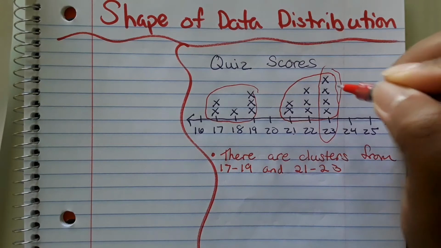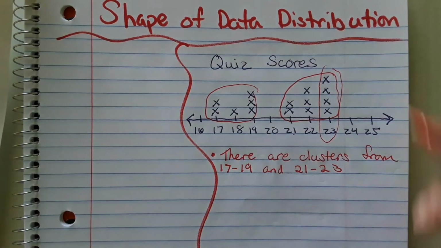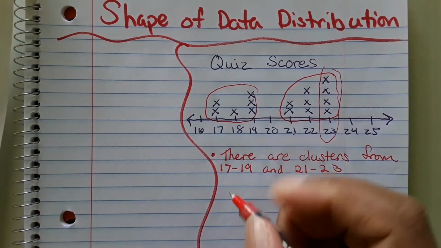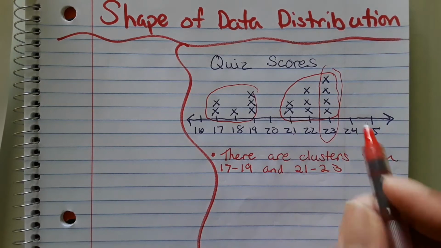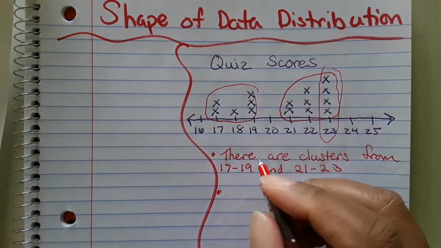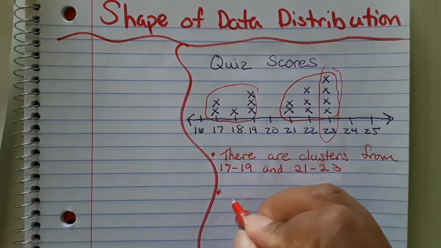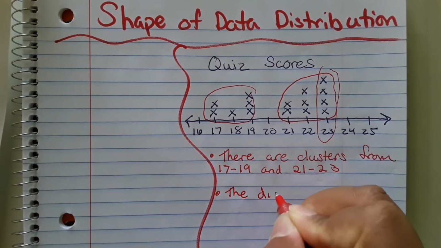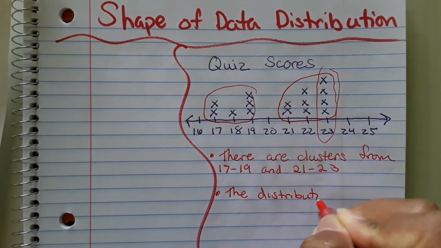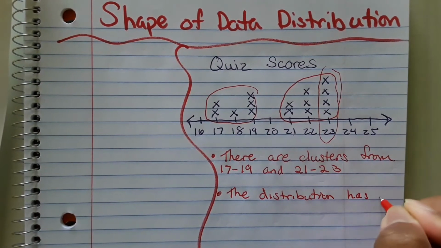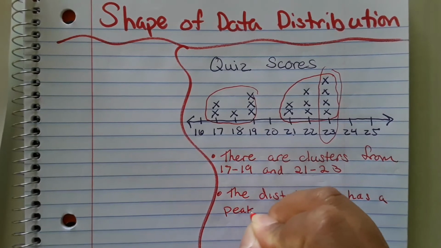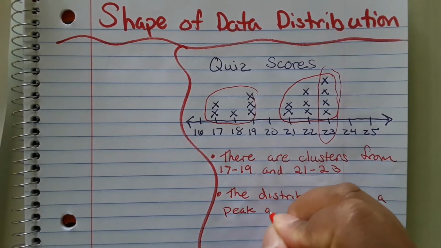Here would be my peak because that's the one that has the most. In this case, 4 scores were 23. So the peak, the distribution has a peak of 23. So its tallest point is at 23.